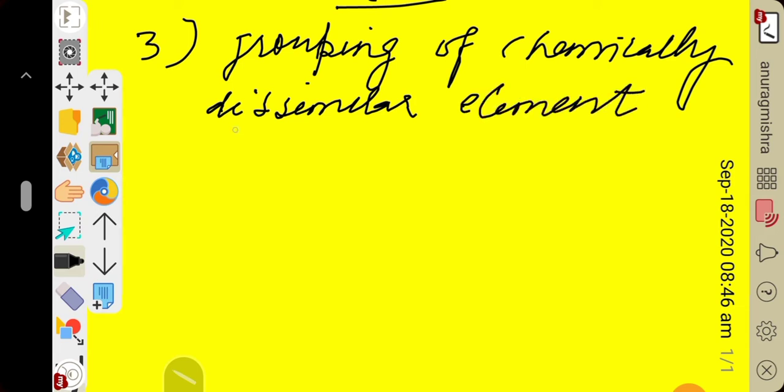As it is written, dissimilar elements. If elements are dissimilar, they must have separate positions in the periodic table. They should not be included in the same group, because their properties are dissimilar. But scientist Mendeleev could not explain the reason behind this. He placed dissimilar elements in the same group, so it was a drawback of Mendeleev's periodic table.